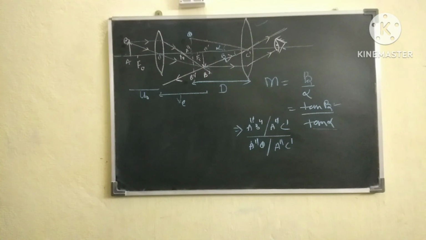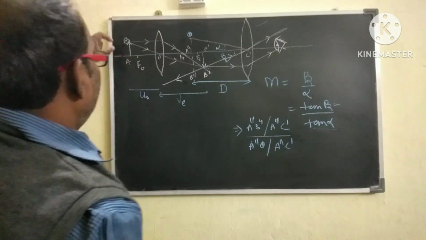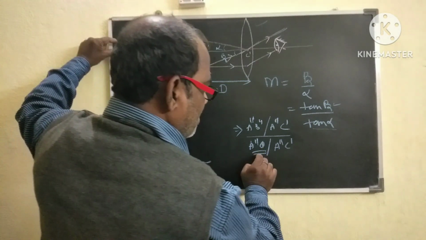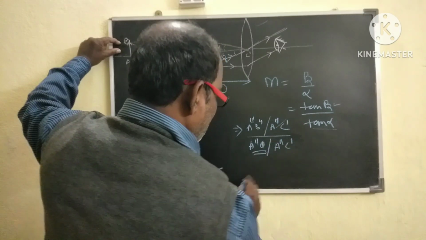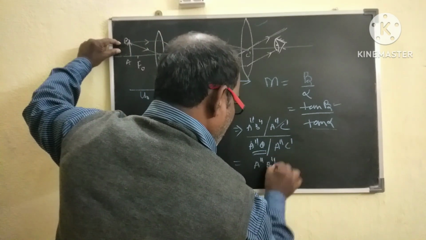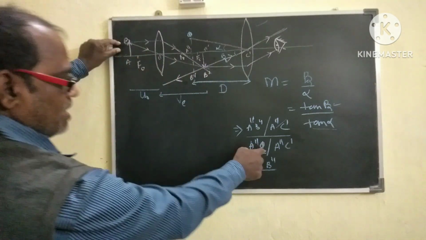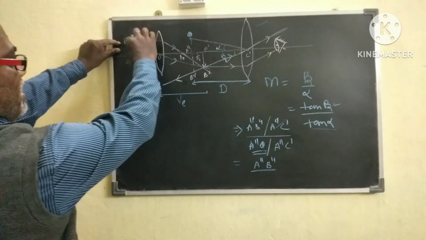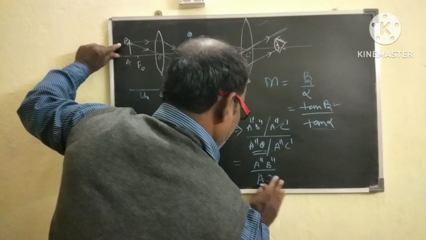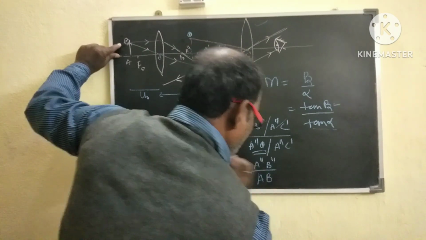Again we can see that A''Q means it is AB. So instead of A''Q we can write AB, and the A''C' gets cancelled off. So finally we get A''B'' by AB.